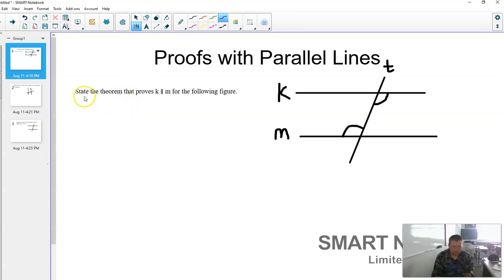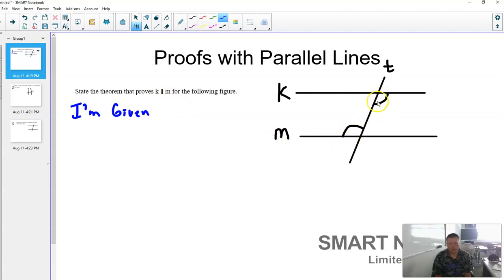Okay? So I'm looking at this. We're going to start with a statement that proves that K and M are parallel for this figure here. So this is what I'm given. I know that you know what's given, but you always want to write down what is given. So the first thing we're going to write is I'm given that, well, the only part that I'm given is these two marks right here.